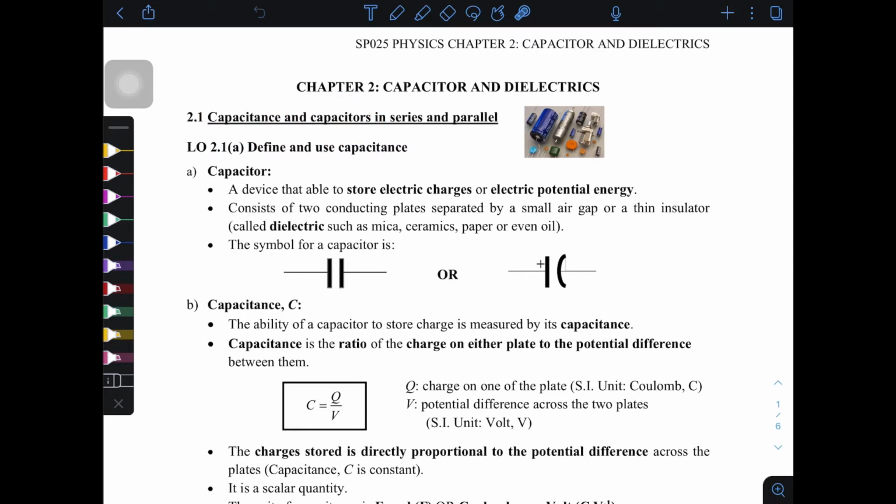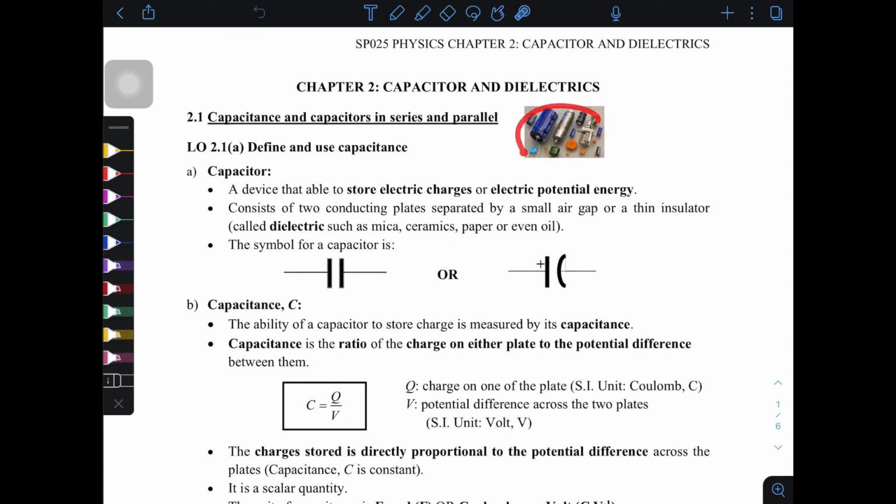Okay. Learning objective 2.1a, you need to know how to define and use capacitance. Okay, so apakah capacitor? Capacitor is a device that able to store electric charges or electric potential energy. So capacitor dia ialah device, it is benda tersebut, okay, alat tersebut. So this is the capacitor.